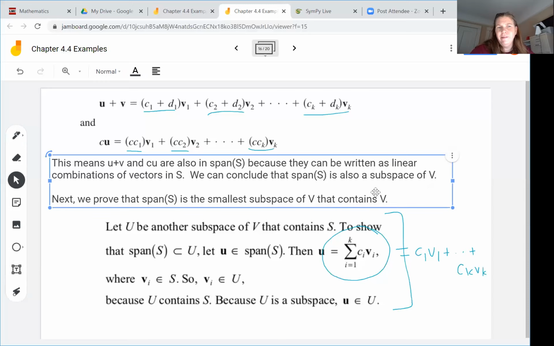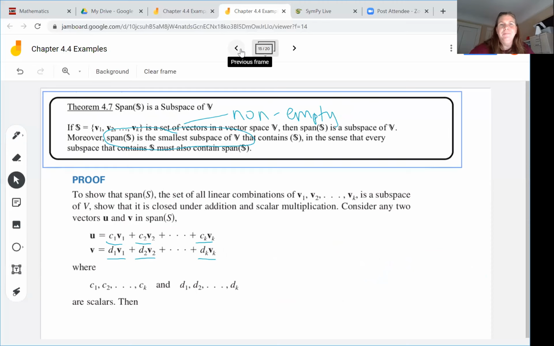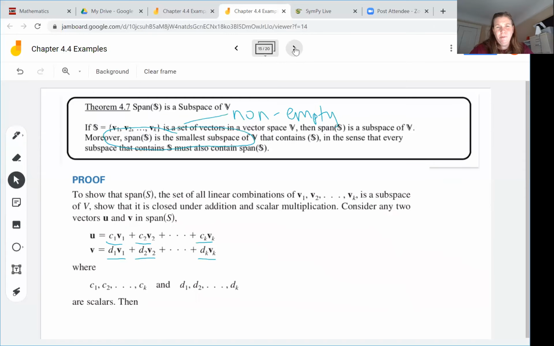So what we showed is that the span of S is the smallest subspace of V that contains S. Is that right? Let's go back. Yeah, the smallest subspace of V that contains S, right here. Okay, so I made a typo, we got it fixed.